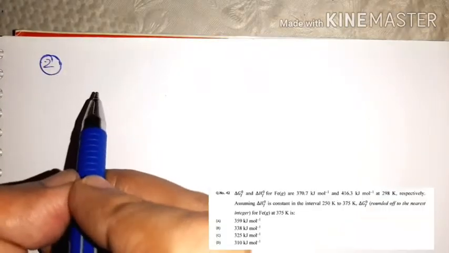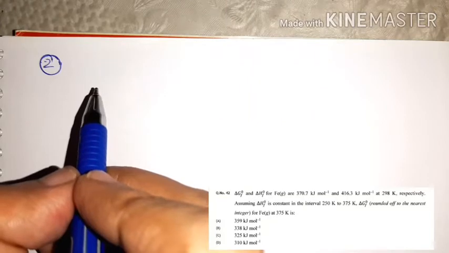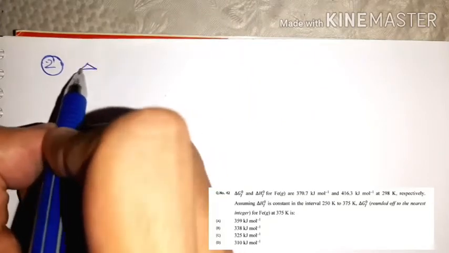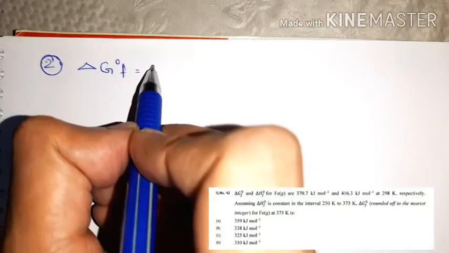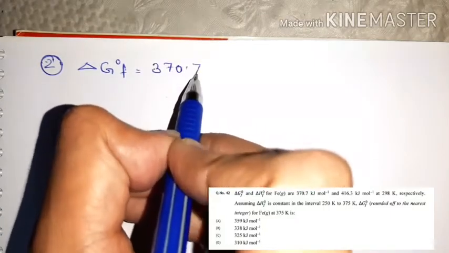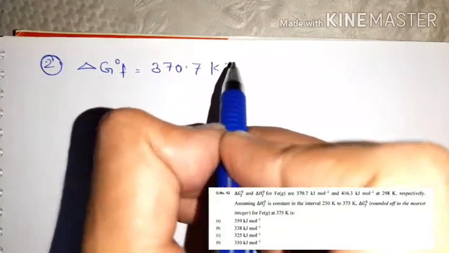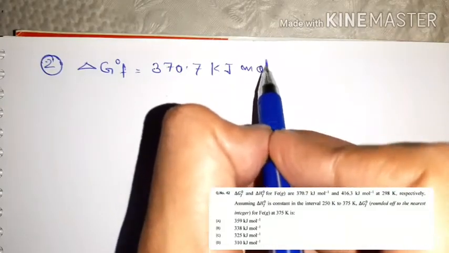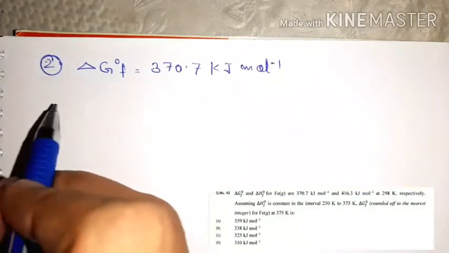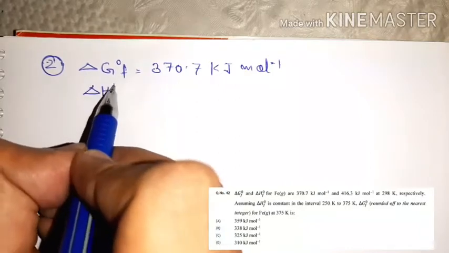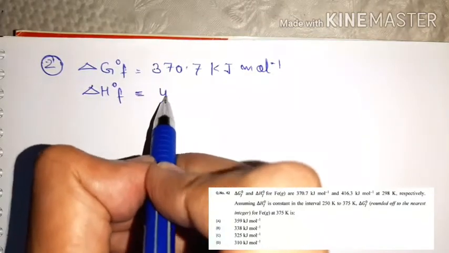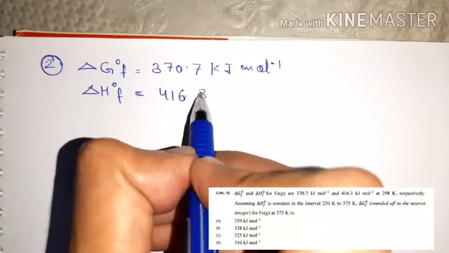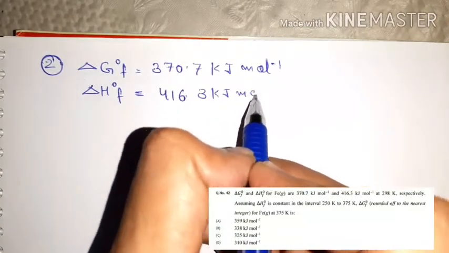Now see friends, first of all, we have a value of delta G naught f that is 370.7 kilojoule per mole according to your question, and we have a value of change in enthalpy that is 416.3 kilojoule per mole.